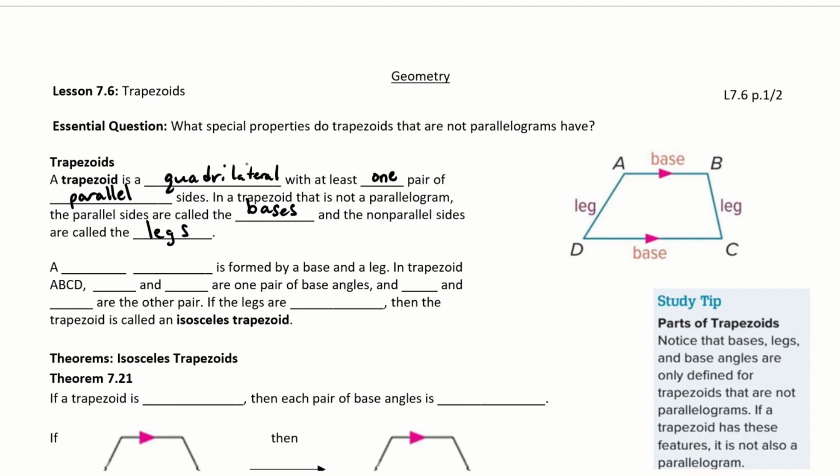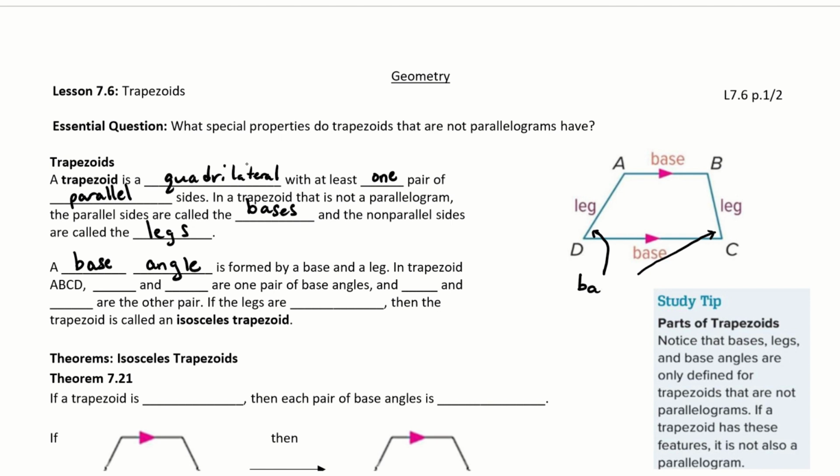Okay, so then you have angles known as base angles. A base angle is formed by a base and a leg. So this would be a base angle. These would be base angles, for example. So that angle and this angle, right? Those would be base angles.